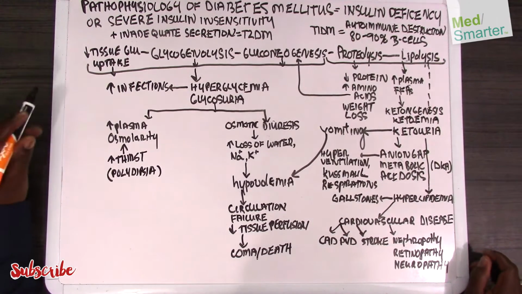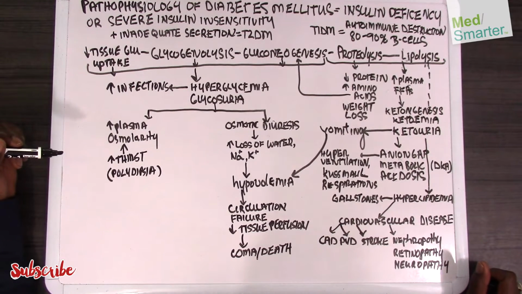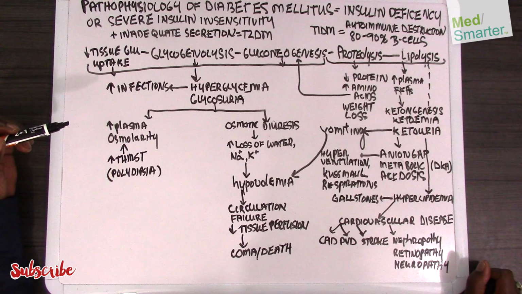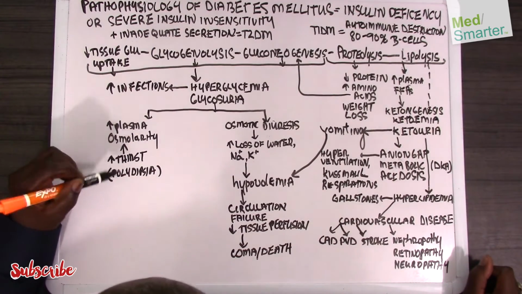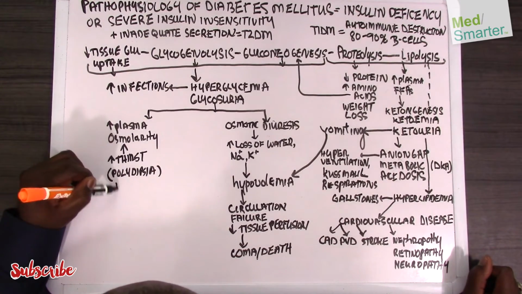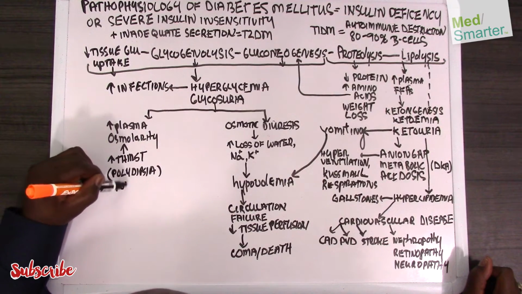And as a result of that polydipsia, along with the increase in osmotic effect as a result of the increase in the plasma sugar, there will be a polyuria.